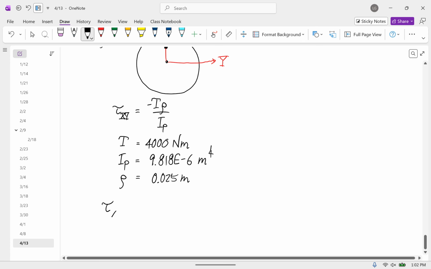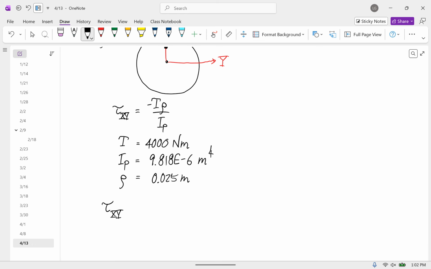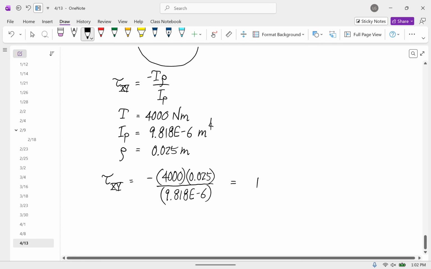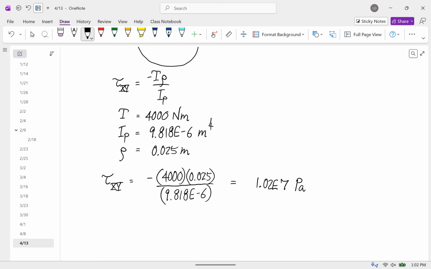And so the temporary tau xy is negative of 4,000 times 0.025 divided by 9.818 times 10 to the minus 6. And this is just going to come out half of what we got before. So 1.02 times 10 to the 7 pascals.